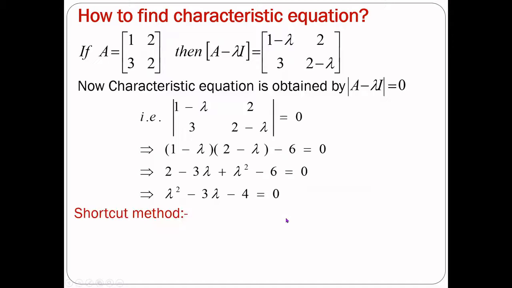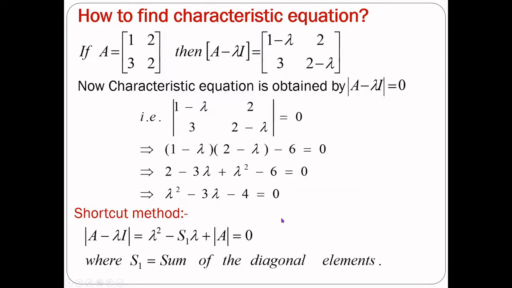The shortcut method is: determinant of A minus lambda I is equal to lambda square minus S1 lambda plus determinant of A equal to 0, where S1 is the sum of the diagonal elements. So we will check with the same example now.